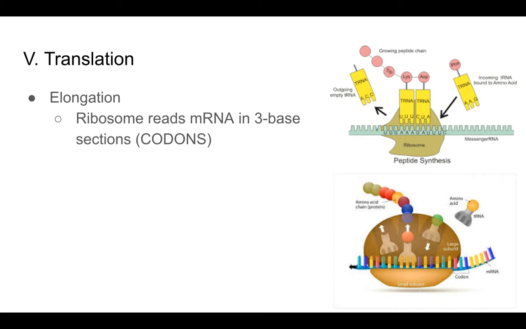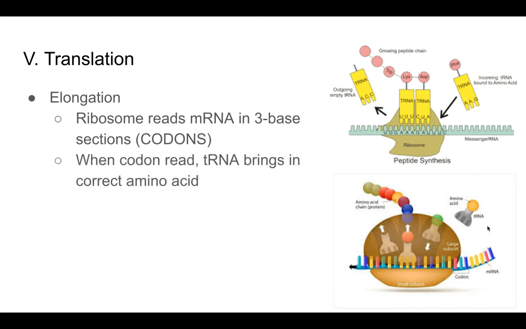As the ribosome is reading the codon, these little tRNA molecules, so let's look at this top diagram for a moment, are going to bring in appropriate amino acids based on the codon that was read on the mRNA strand.